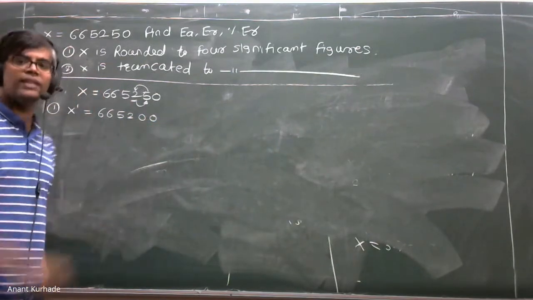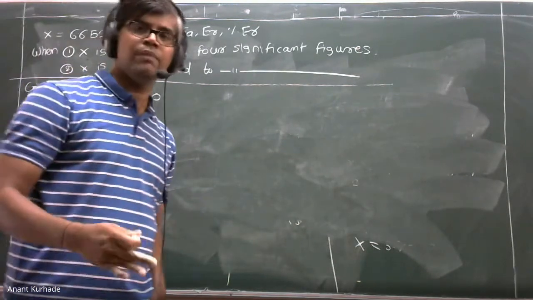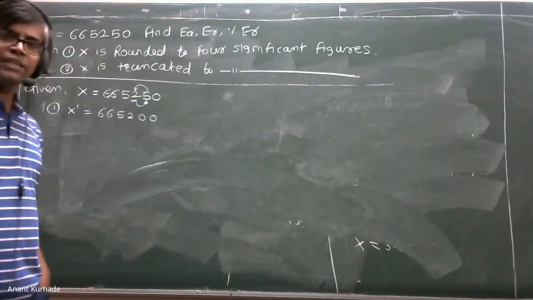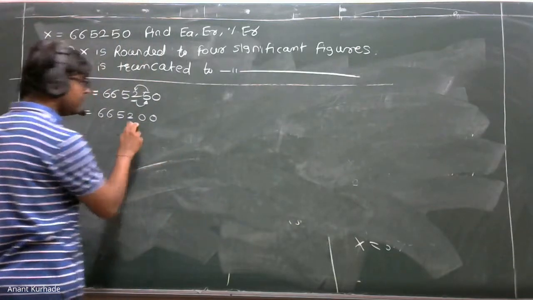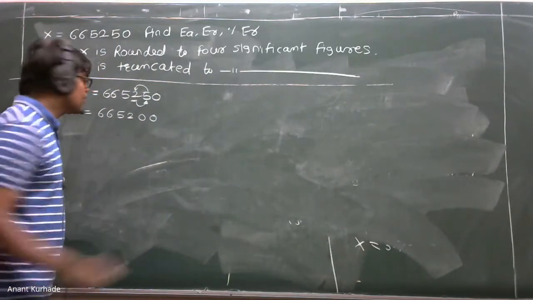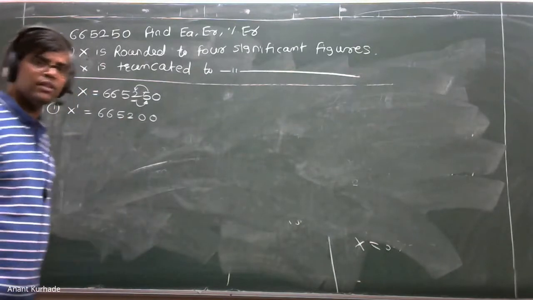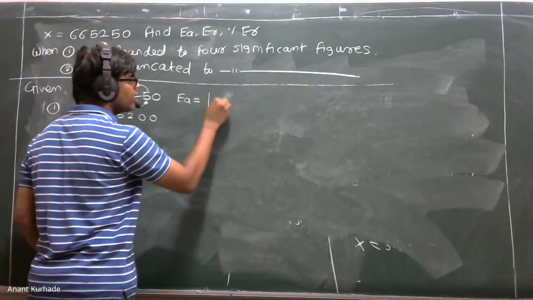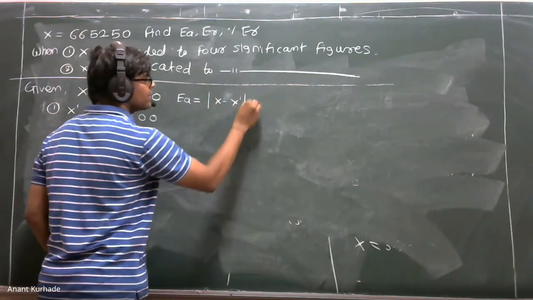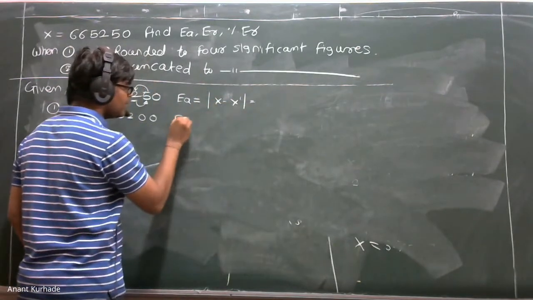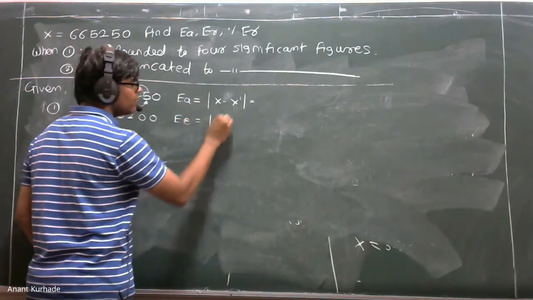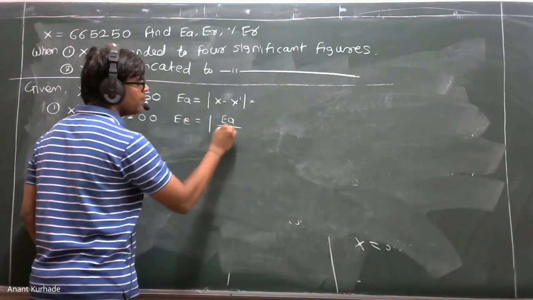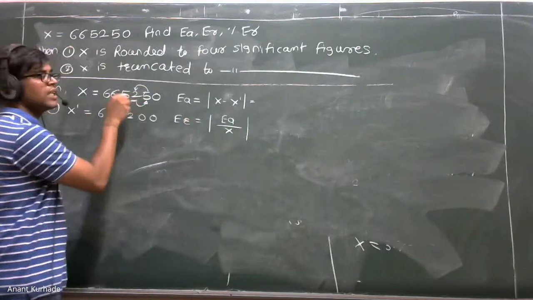Don't forget to write these 2 zeros. For decimal places, a value of 0 is meaningless, but here the zeros are important. So this is the value of x dash. Now, how can you calculate EA? EA is mod of x minus x dash. Calculate this. Then calculate ER. ER is equal to EA divided by true value, the given value.